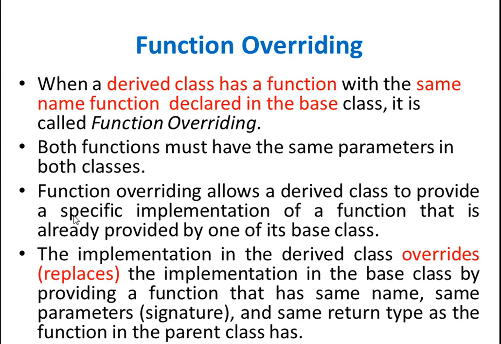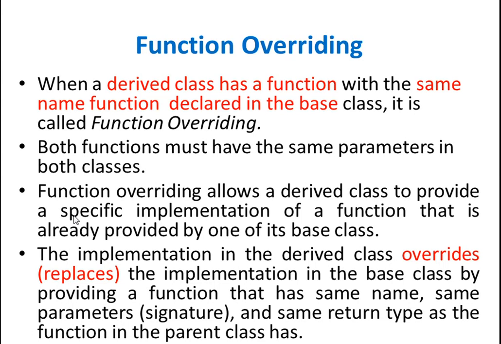The implementation in the derived class overrides, means replaces, the implementation in the base class by providing a function that has the same name, same parameter signature, and same return type as the function in the parent class.